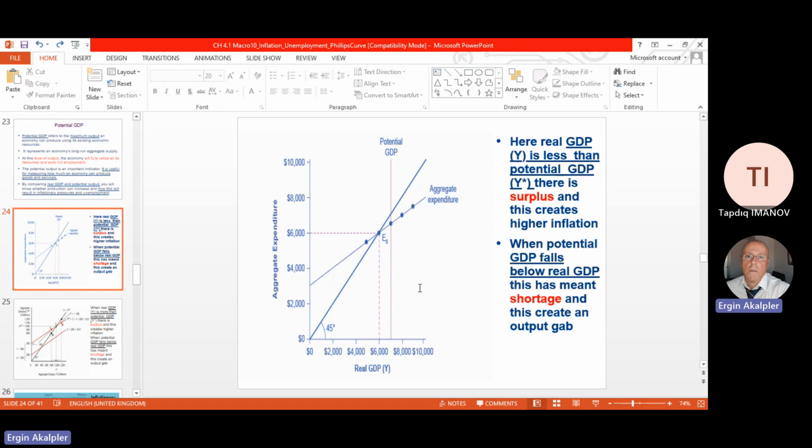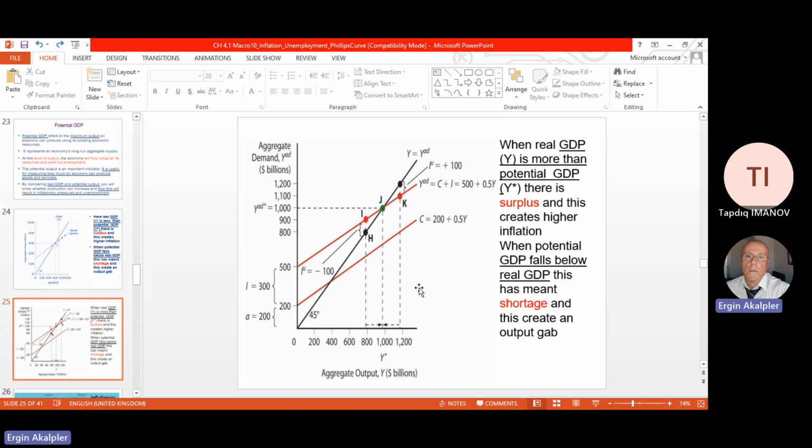Therefore, there is a surplus and this creates high inflation, it is supposed. When the GDP falls below the real GDP, this means we have a shortage and this creates an output gap. Therefore, to be in a better position, you have to enlarge a little bit more to reach this potential, which should be enlarged and increased in this model, very much on the right side of the equilibrium.